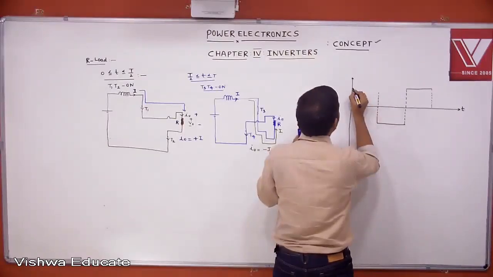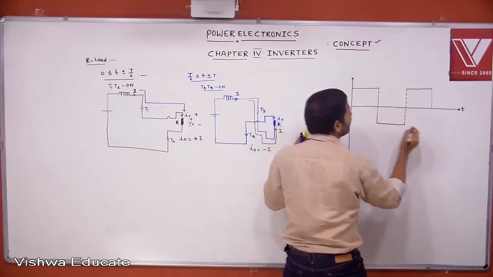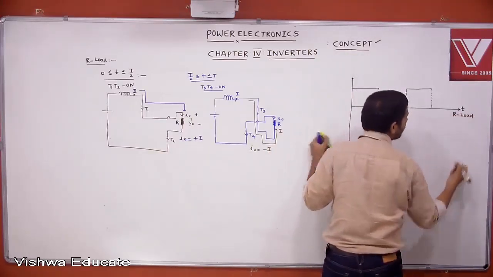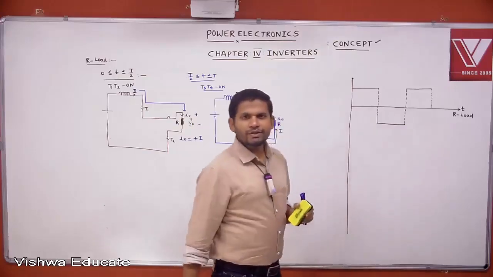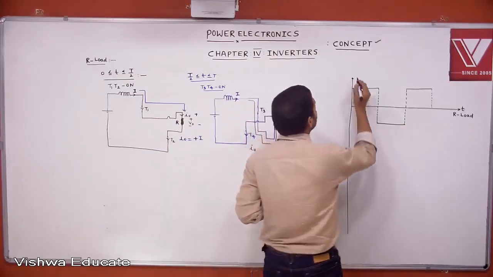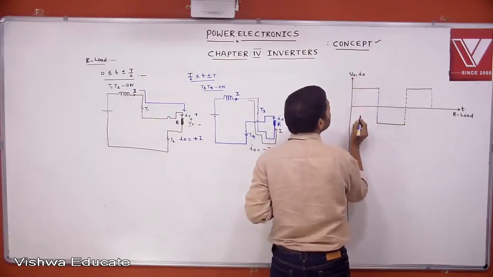But for which load are we drawing this waveform? Resistive load. We know that for resistive load, voltage and current waveforms are same. This V naught and I naught is same for resistive load.